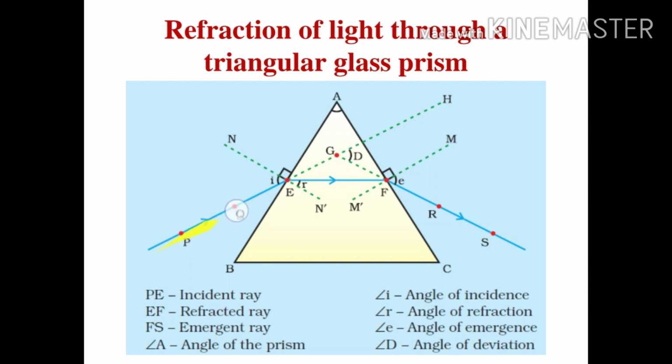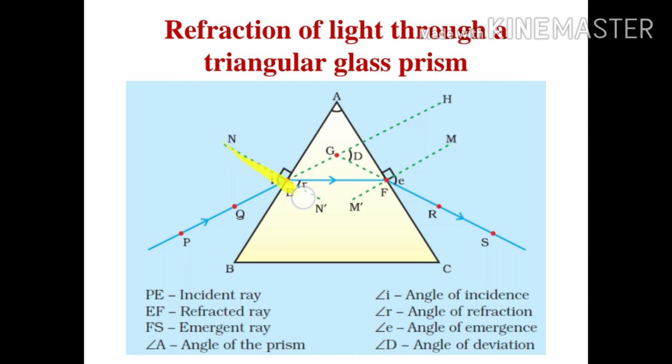Secondly, the direction along which the light comes and falls on the surface of a prism is known as the incident ray. The path along which this light goes inside the prism is known as the refracted ray, and the path along which the light emerges out from the prism is known as the emergent ray.